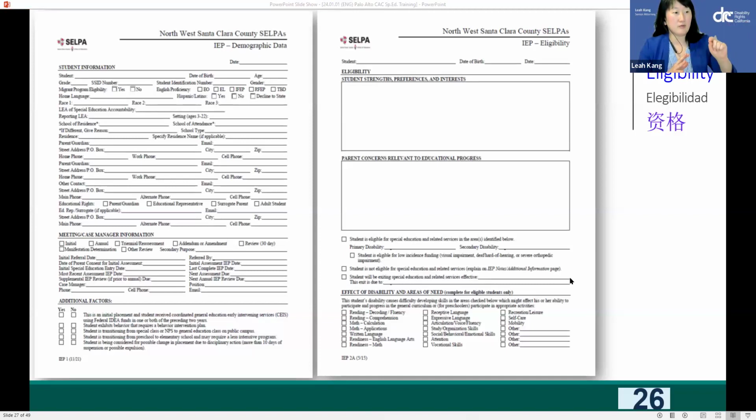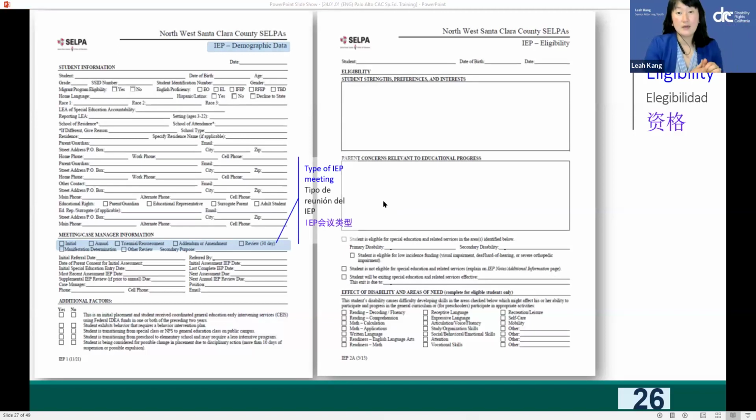And if we can click through, there's also a section you'll see that says the type of meeting. So is it the first IEP meeting? Is it an annual, meaning the once a year meeting? Is it a triennial? Gabriella mentioned, every 3 years the school district is required by law to conduct new assessments.